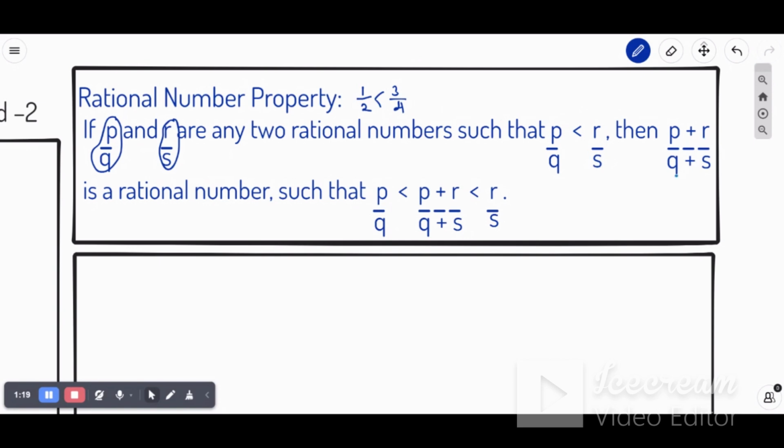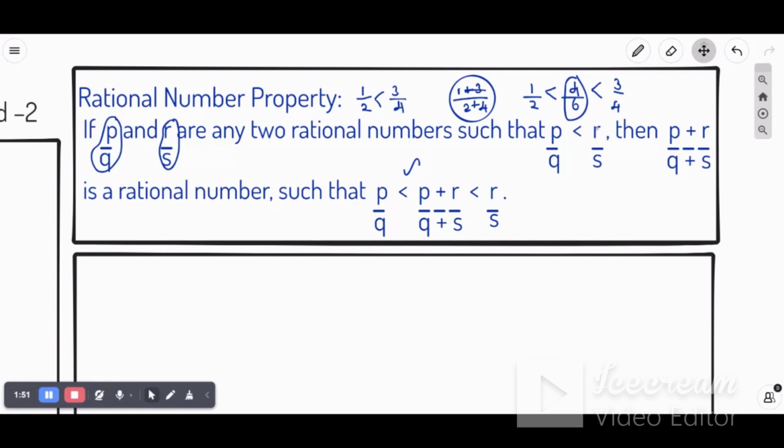Then (P plus R) by (Q plus S), which means we add the numerators and then add the denominators. If you go like that, this number will lie between these two. That is, 1 by 2 will be less than 4 by 6, which is less than the other given rational number. Using this method, you can keep on finding rational numbers between any two rational numbers.